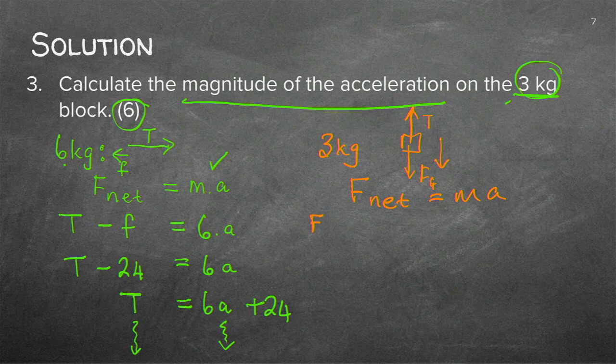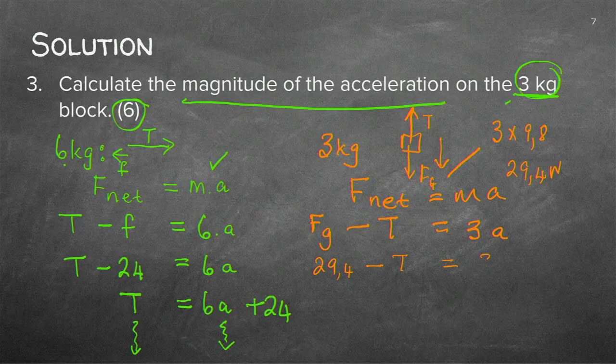So if G is greater than T, that is for the 3 kilogram block. And if I calculate the Fg, you know it is the mass times 9.8. And the mass times 9.8 will give you a value of 29.4 Newton.